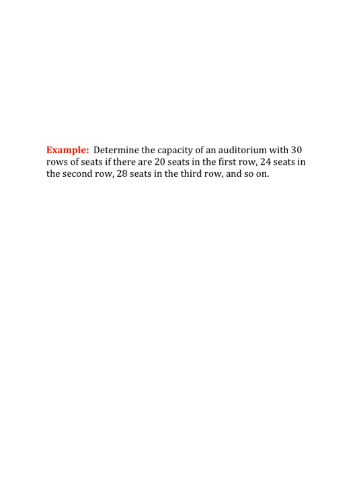So, word problem. Okay, determine the capacity. So capacity is going to indicate the sum, so everything added together, all the rows of seats added together, of an auditorium with 30 rows of seats, if there are 20 in the first row, 24 in the second, and so on. Okay, so again, always start off with, what do I have?